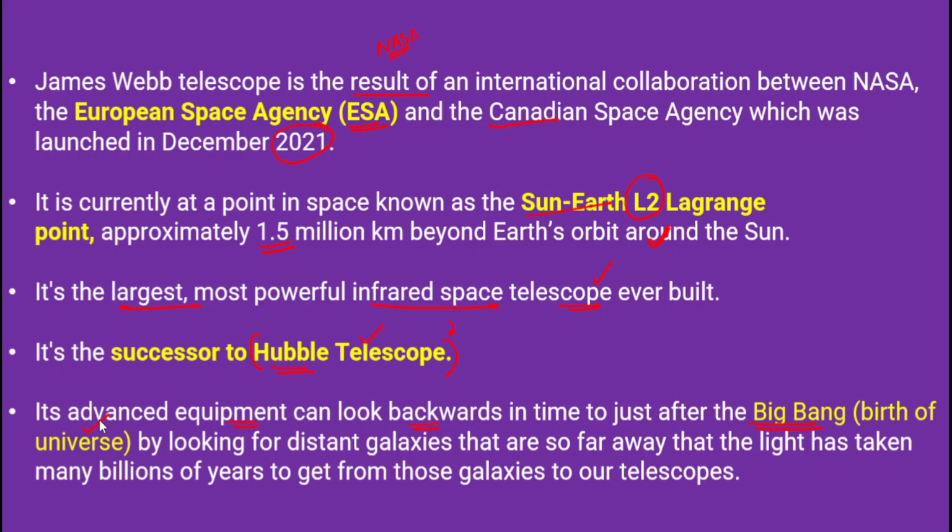So it looks backward in time, at what exactly happened after the Big Bang, looking for distant galaxies that are so far away that light has taken many billions of years to get from those galaxies to our telescope. Okay, so it takes a lot of time for the light to reach this telescope. So because of this reason it can look backwards in time.